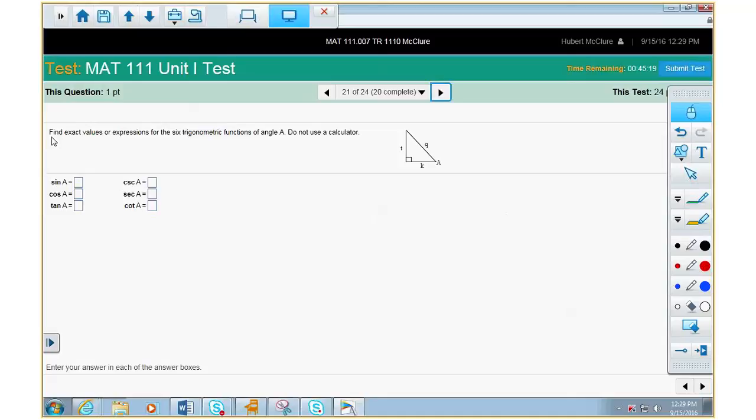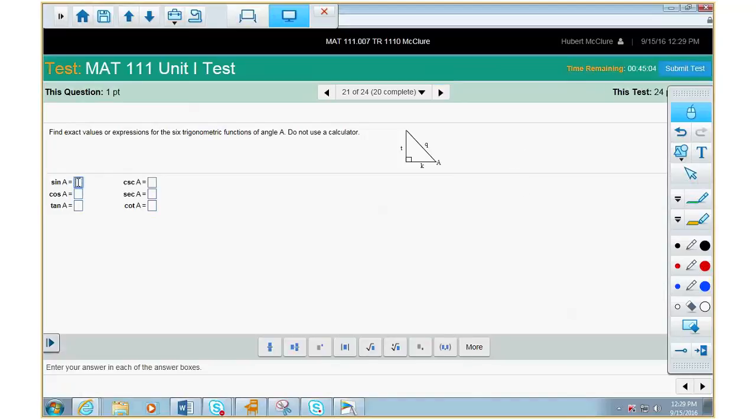Find the exact values of expressions for the six trig functions of angle A. Do not use a calculator. Oh, they just want the letters. Okay. So sine is what? R over Q. How about that? T over Q. Listen, I've been looking at this stuff all morning.